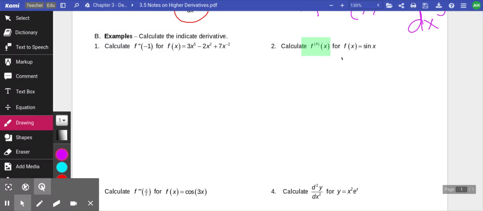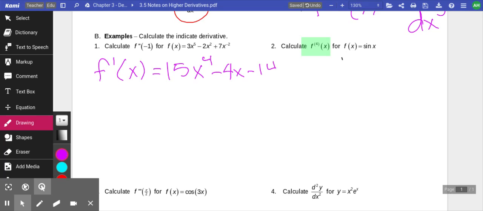Before I substitute -1 for x, I first get to the second derivative, which means I must first find the first derivative. f prime of x is 15x to the 4th minus 4x minus 14x to the -3, since I subtract 1 from the exponent.